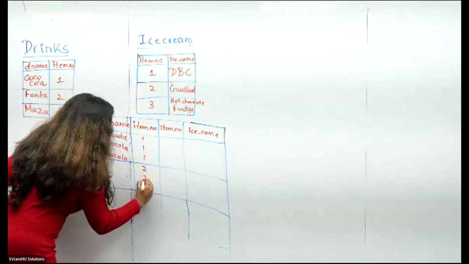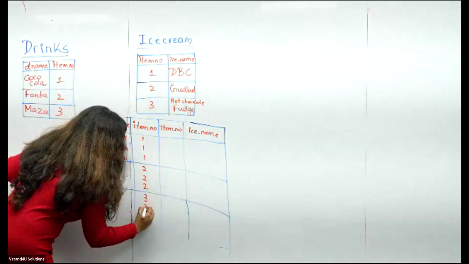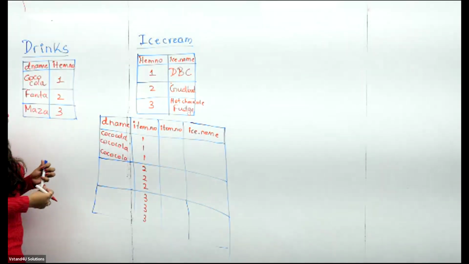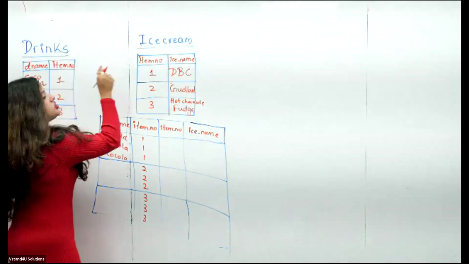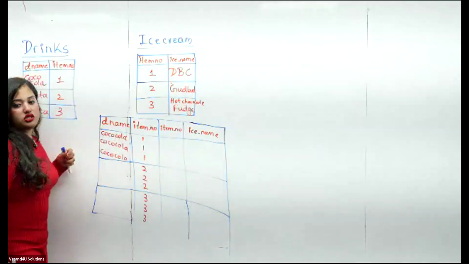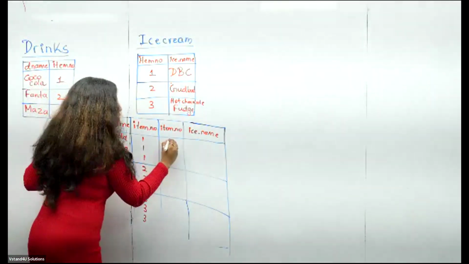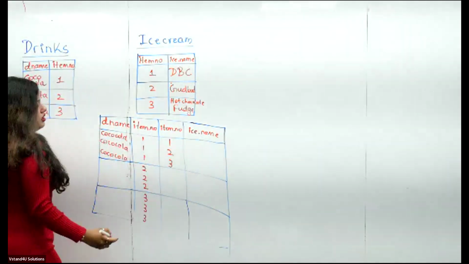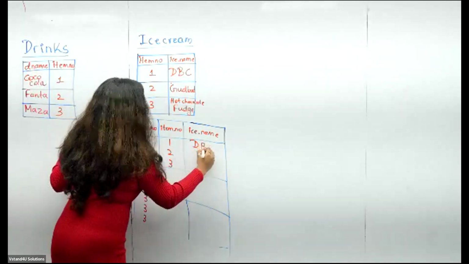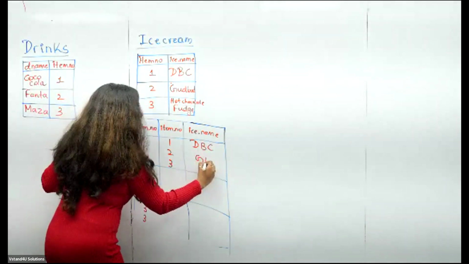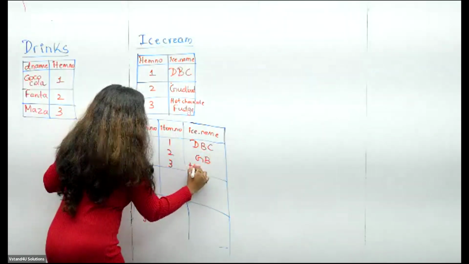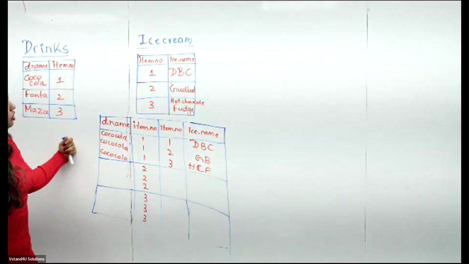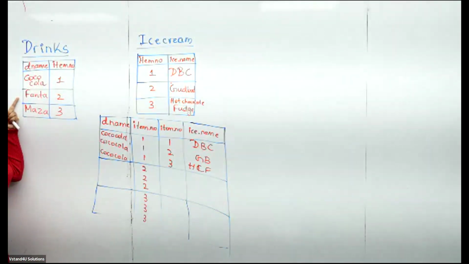Here it will be 2, 2, 2. Here it will be 3, 3, 3. This one will be merged with all these three items, so my item number will be 1, 2, 3. Now what will be the name here? That is DBC. So now what is the second data here?